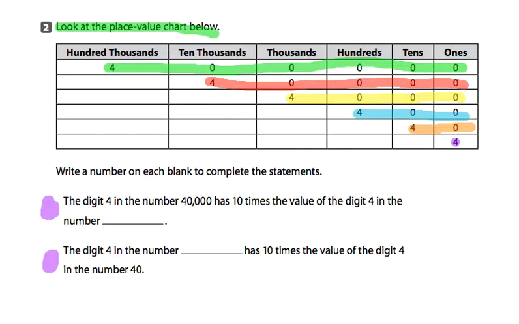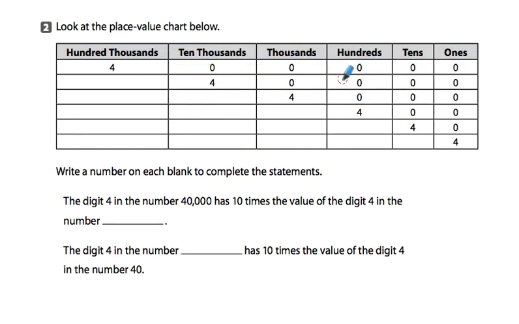That would be this guy here, the 4 in 40,000. 40,000 is 10 times greater than which number? Is it 10 times greater than 400,000, 4,000, 400, 40, or 4?